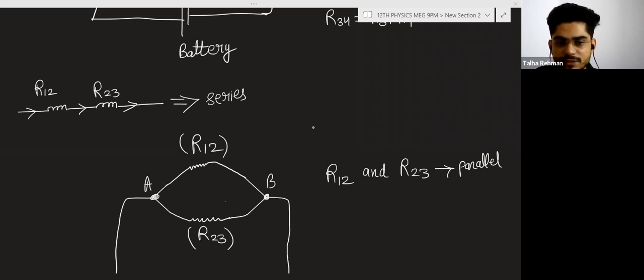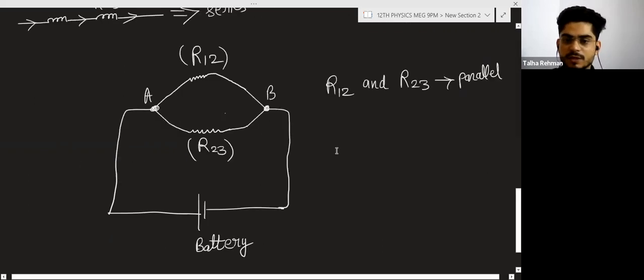And one more thing you can identify: this resistance is connected to this end and this resistance is also connected to this end. Same is the case with this point. So you can say these R1 and R2 are connected in parallel.